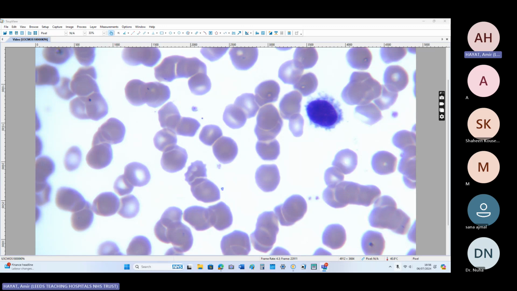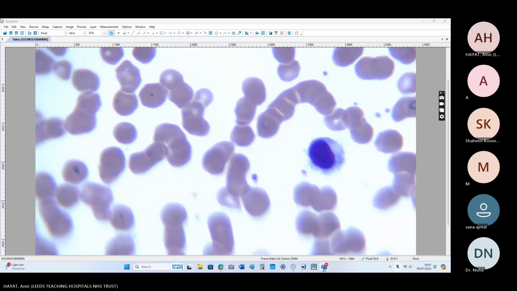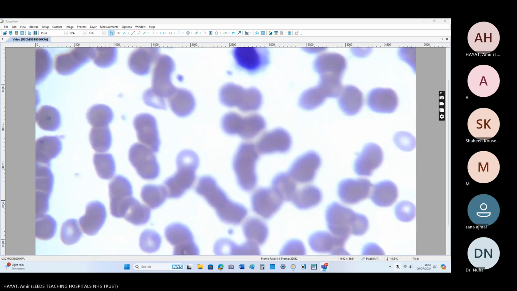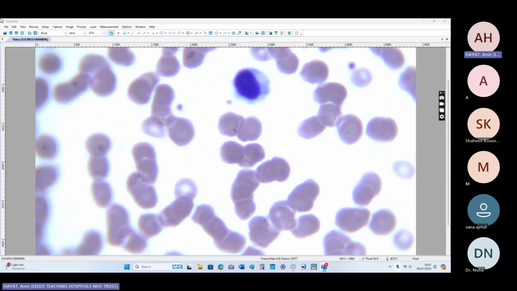So now the question is, report the blood film. How would you report the blood film?